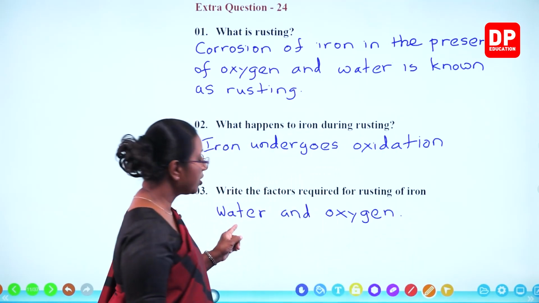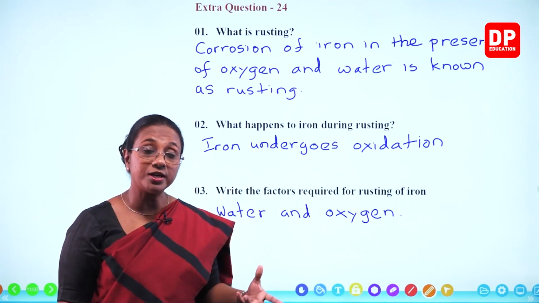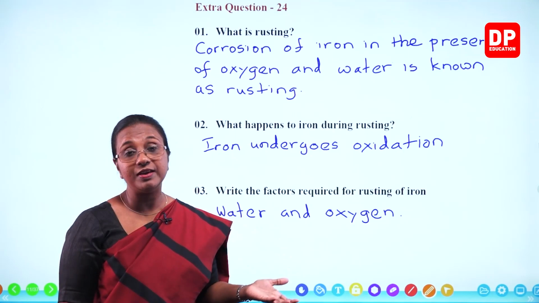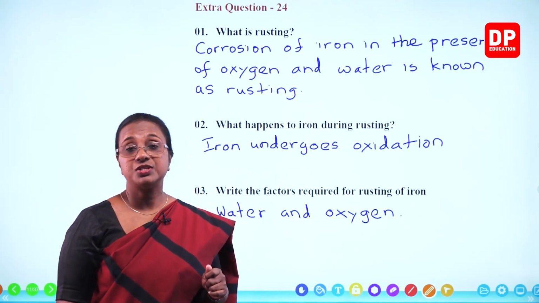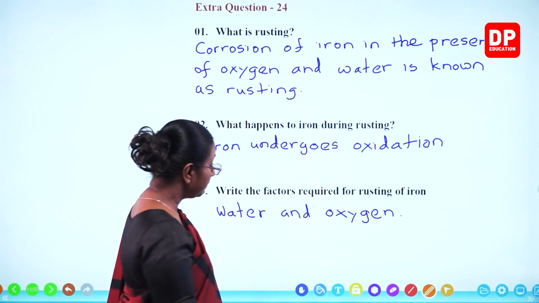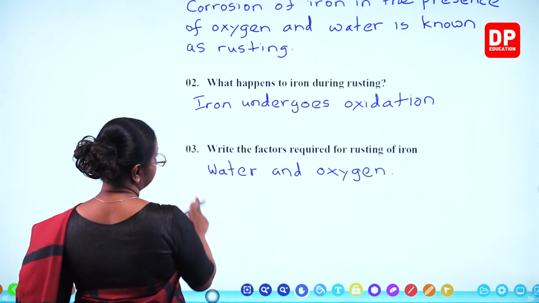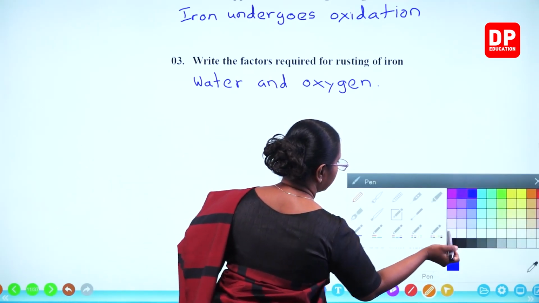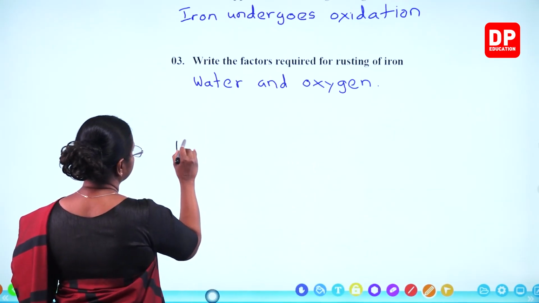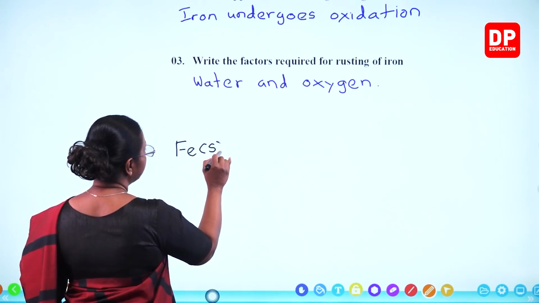So when we say water, students, you all know it can be water, the liquid water, or water vapor in air. Either way, water is needed, then oxygen gas. So if you recall all the reactions, what happens to iron? Now we have iron solid.